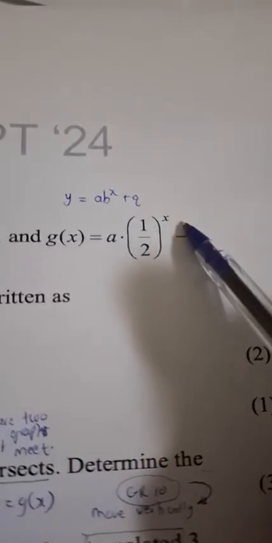So remember, this negative one represents, what did we say earlier on? This negative one represents the horizontal asymptote. And its y is equal to what? Negative 1. This is a horizontal line.